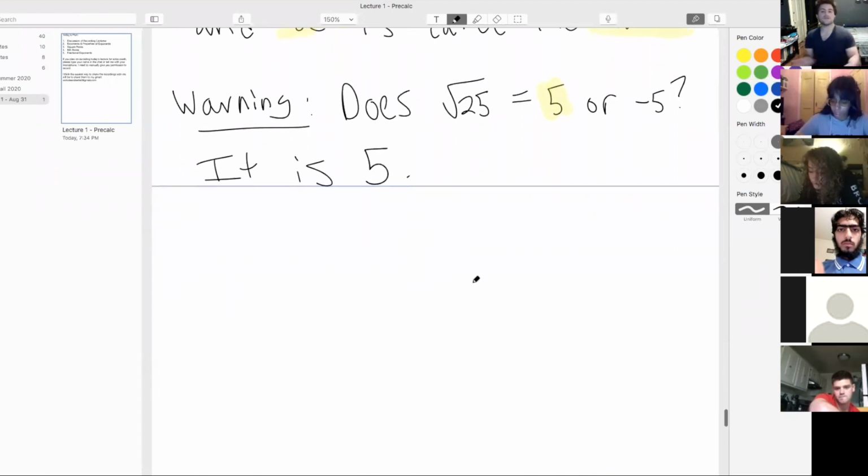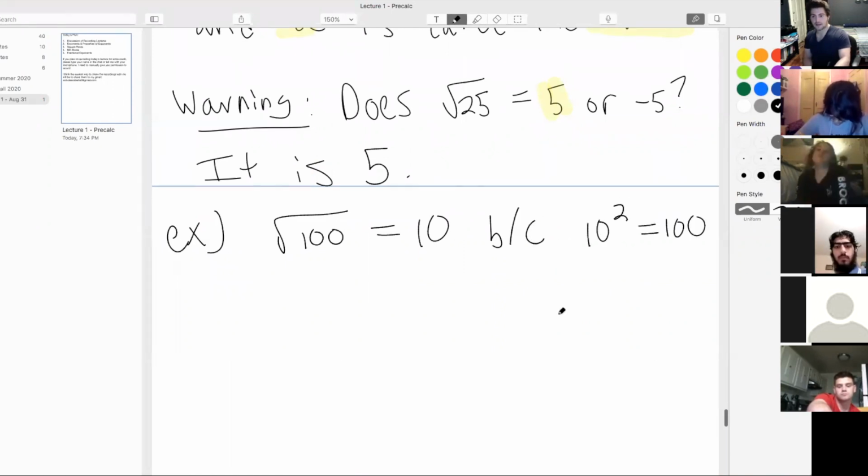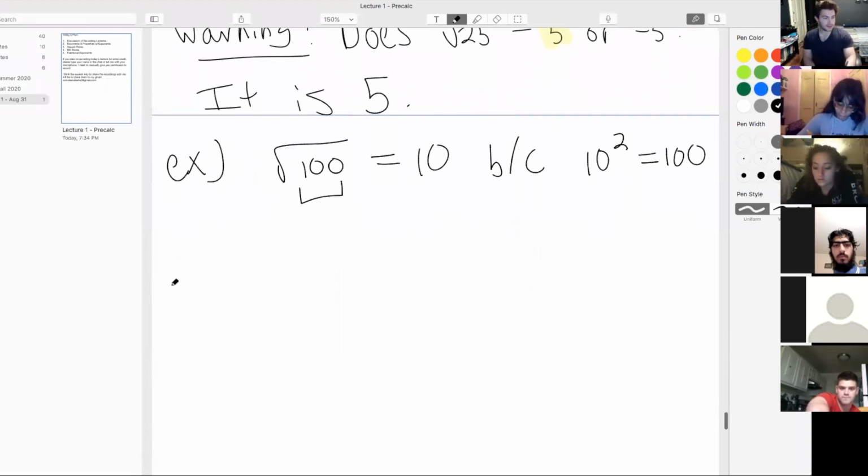All right, here we go. Let's do some examples. Square root of 100. This is 10, because if I square 10, I get 100. I get back what's underneath the radical. How about this? Let's look at the square root of 25 plus 144.